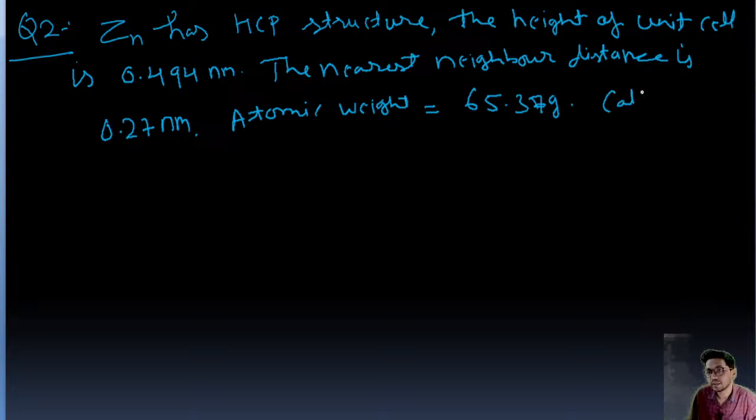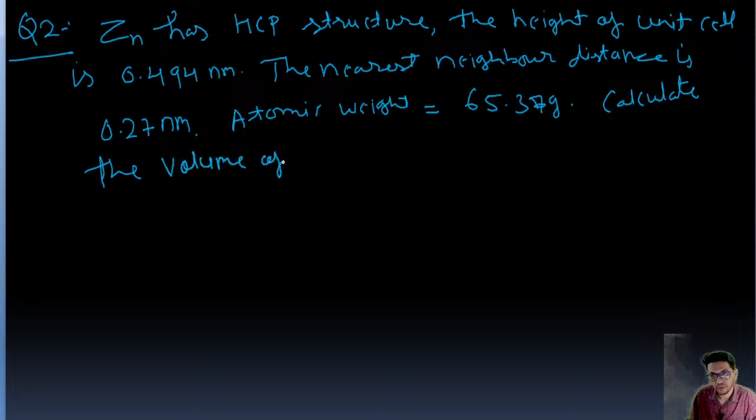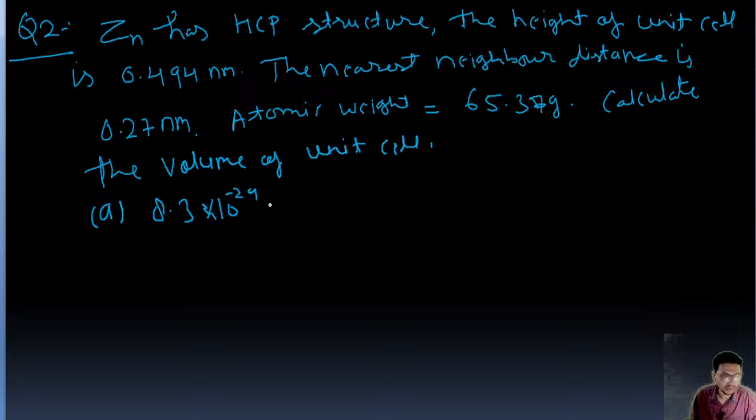Calculate the volume of unit cell for HCP. You need to find the volume of the unit cell. This is the question, guys. Options are given. Option A is 8.3 into 10 to the power minus 29 meter cube.